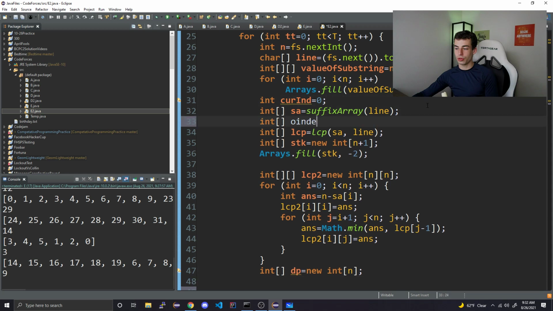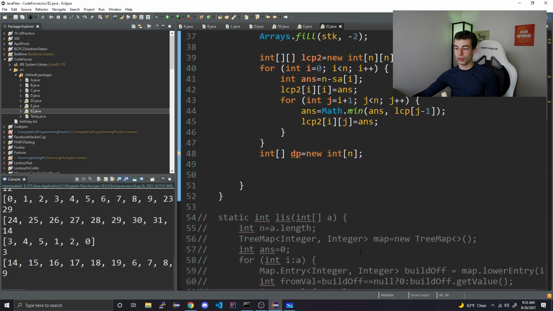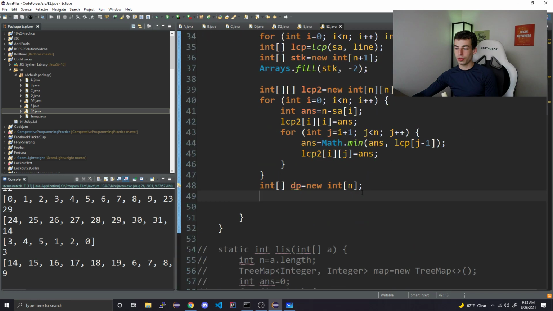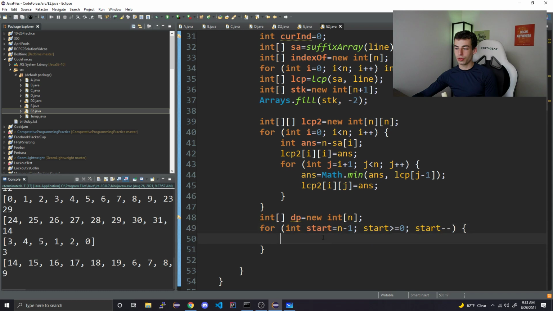So okay, for this DP, we need to say for int start equals n minus 1; start greater than or equal to 0; start minus minus. So this is where we're at, and then dp start equals something.